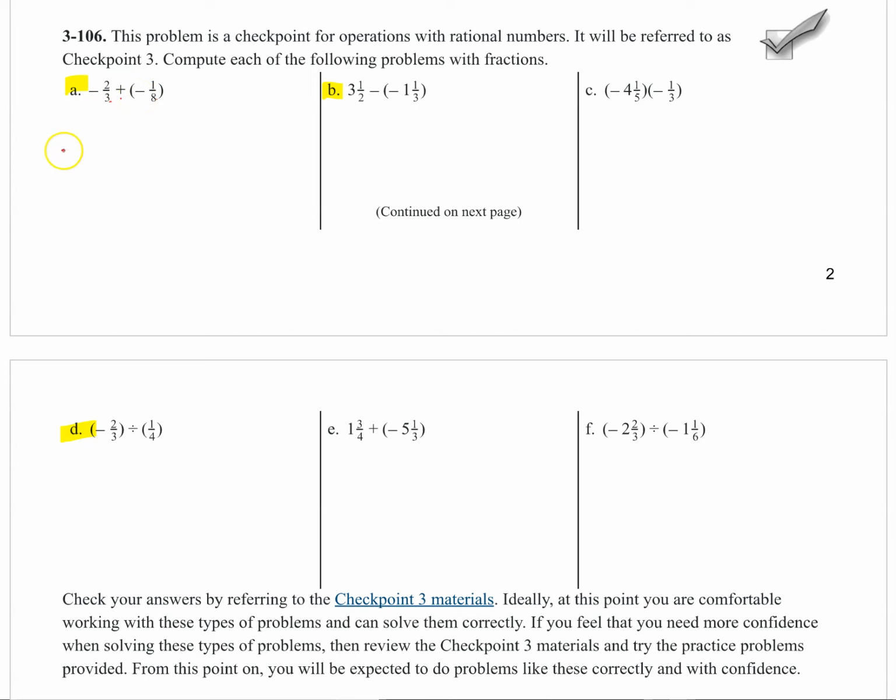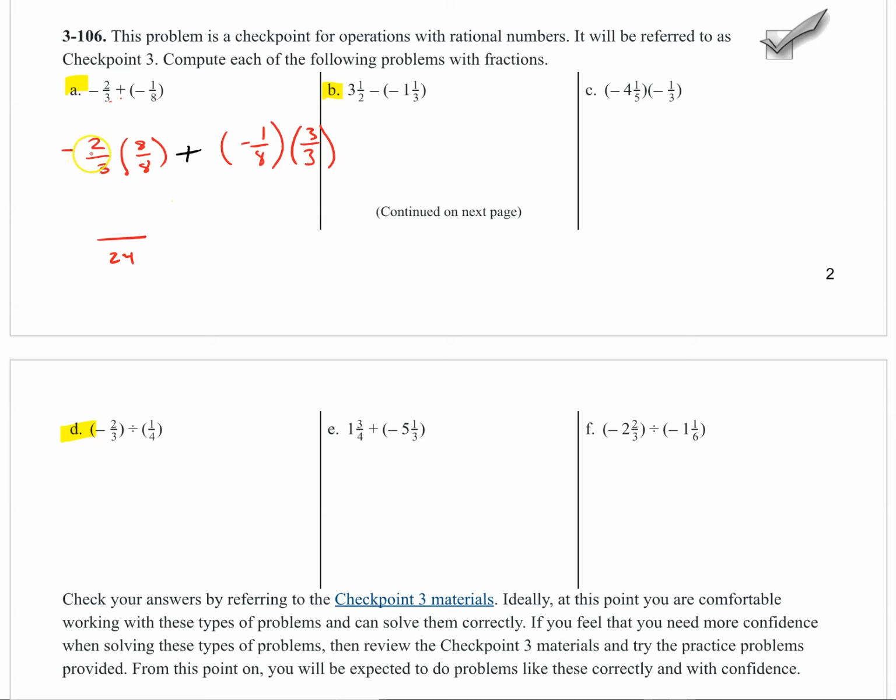So what you can do is take the fraction on the left and you multiply the top and bottom by 8. For the fraction on the right, you can multiply the top and bottom by 3. Now how did I figure that out? Well, 3 times 8 is 24.